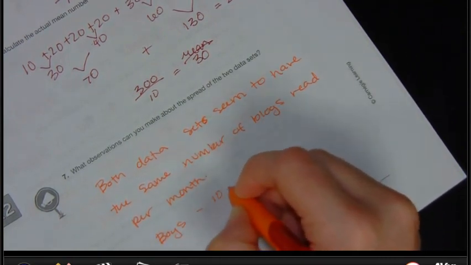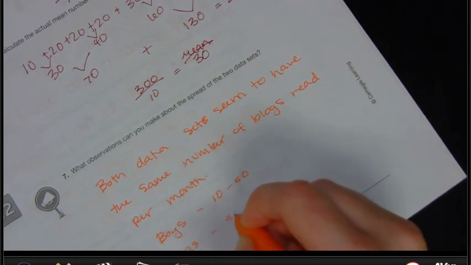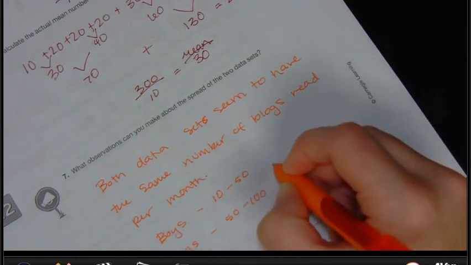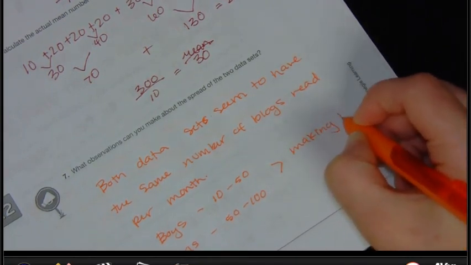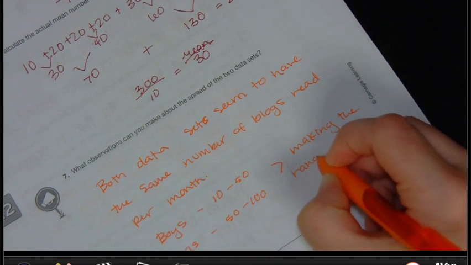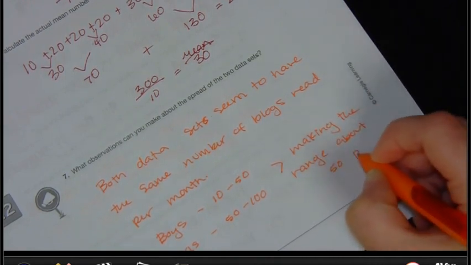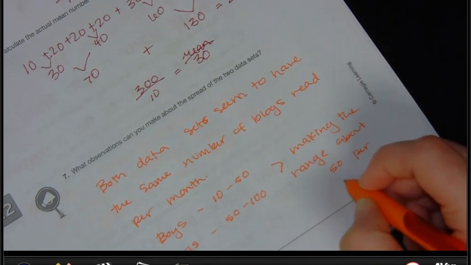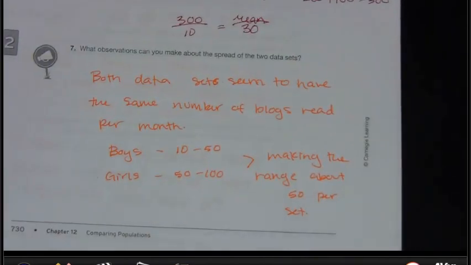Boys range from 10 to 50, and girls range from 50 to 100, making the range about 50 per set. There we go.